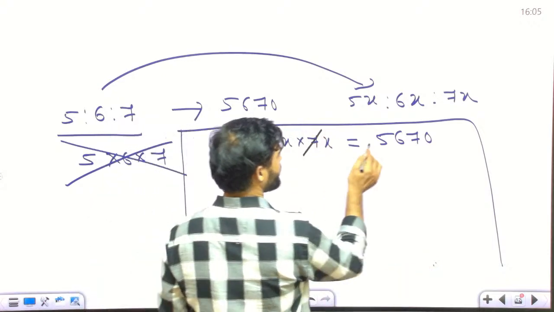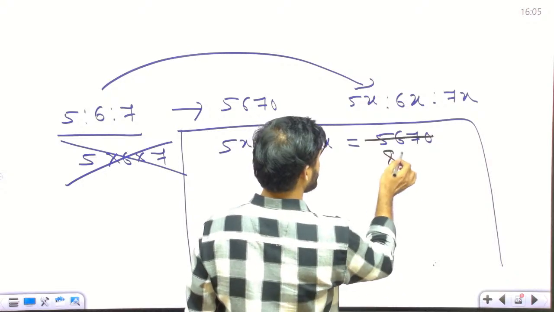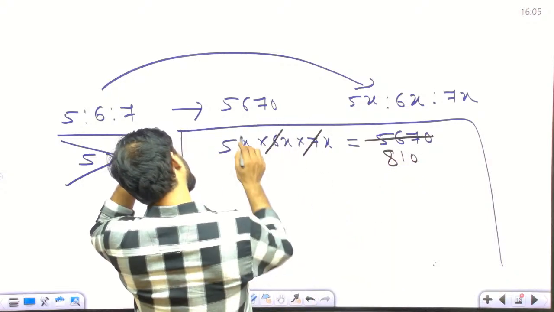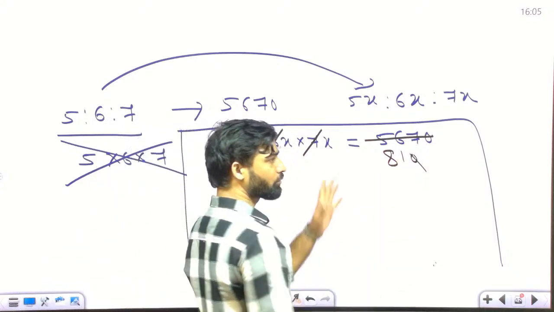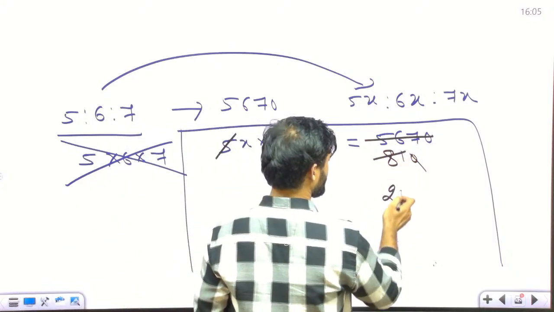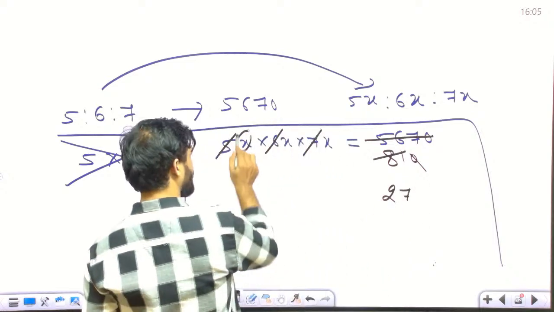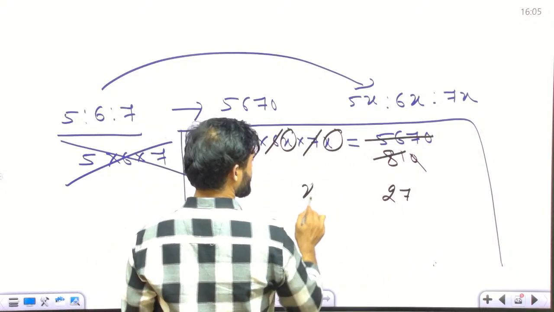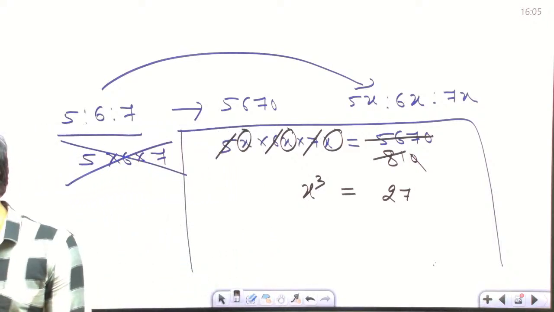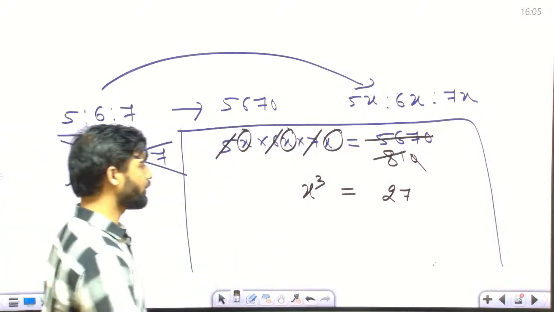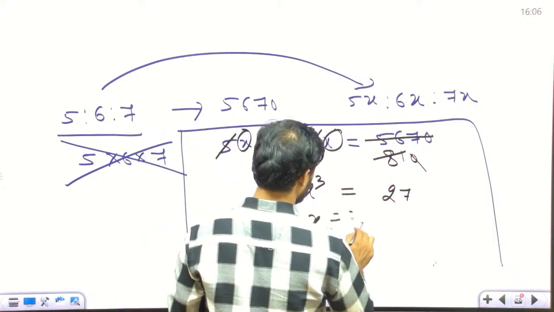Let's cut it by 7. 6 into 5 will give us 30, so 30, now 3, and this is 20. How many x are there? 1, 2 and 3. So this is x cube. And 27 is a perfect cube of 3. So the value of x is 3.